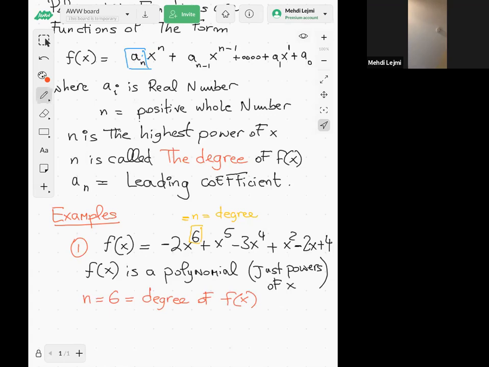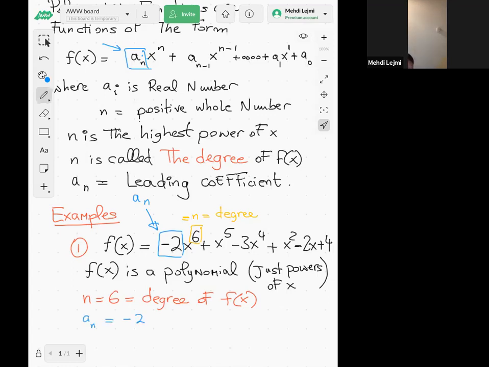In front of x to the power 6, we have negative 2. So a subscript n is equal to negative 2.